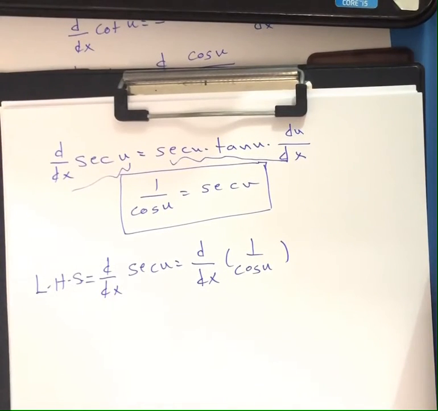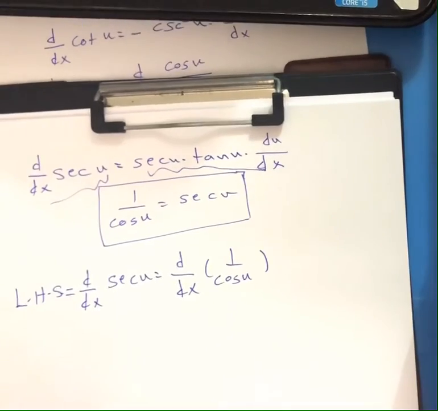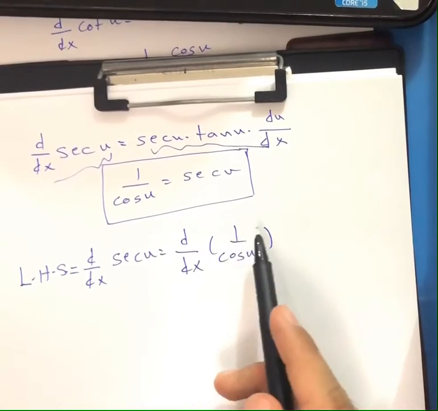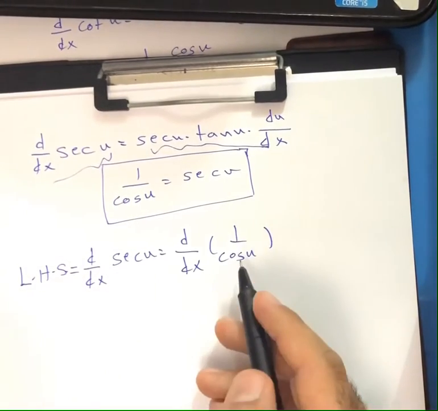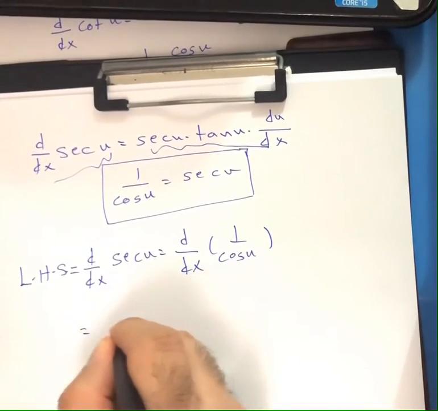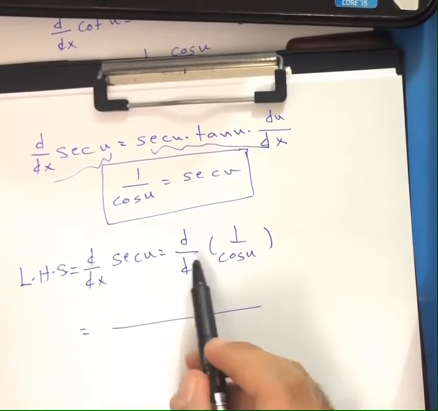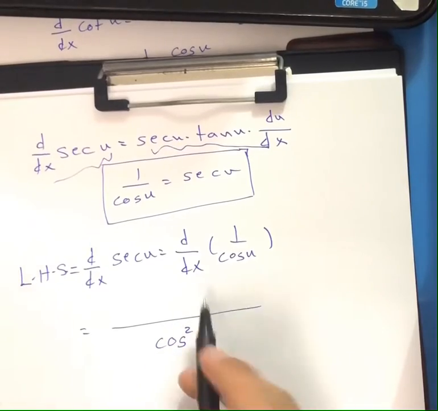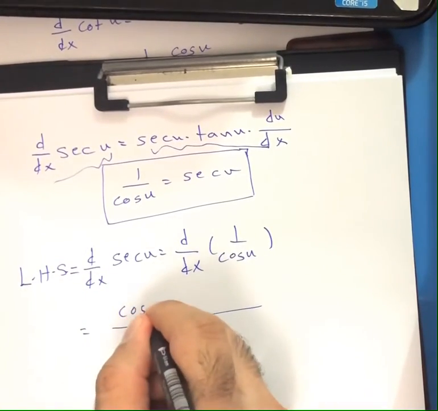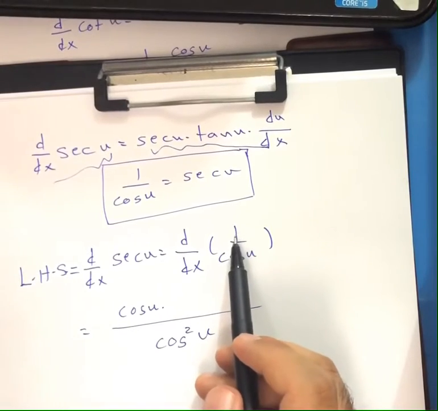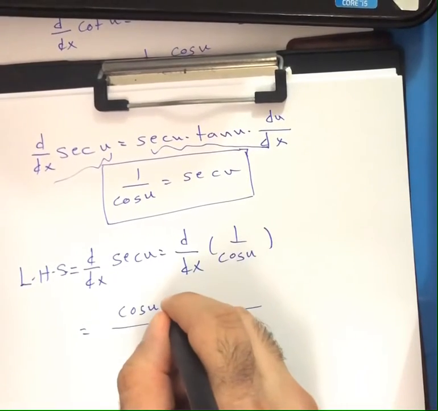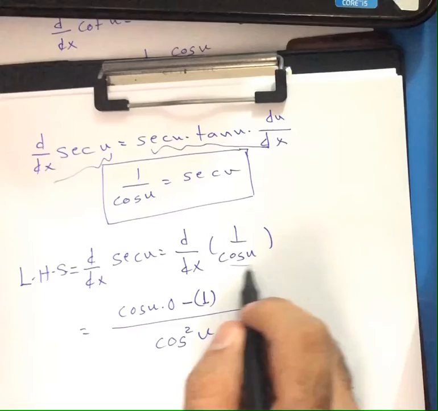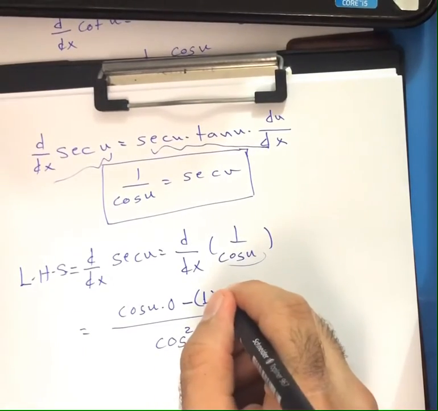Now after that I can do the following. All I have to do is that actually this is nothing but a number divided by a function, so I can derive it using the similar technique. 1 over cosine u can be derived like this: the denominator will be squared, cosine square u. After that I write the denominator, cosine u, multiplied by the derivative of the numerator, which is 1, and 1 is a constant, so its derivative is 0, minus 1 multiplied by the derivative of the denominator, which is cosine u, and we know the derivative of cosine u.